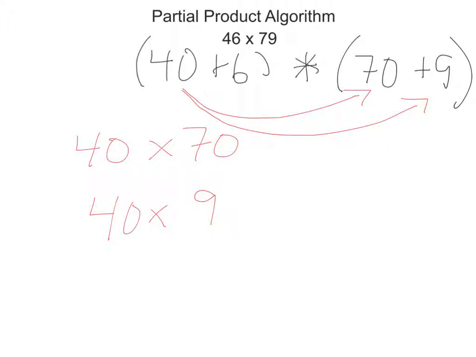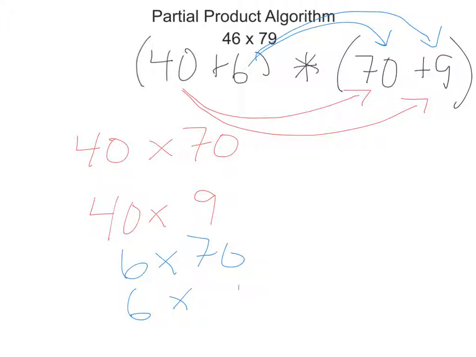Now, I also have to make sure that I multiply the rest of my number, which is the 6. That's part of 46, right? I've got to multiply that as well. That's why I'm going to multiply 6 times 70, and then I also have to multiply 6 times 9.